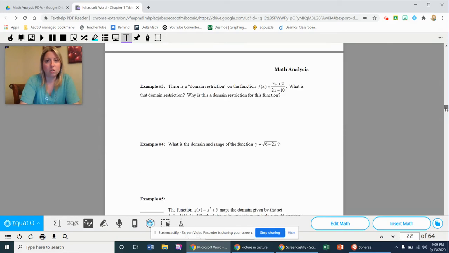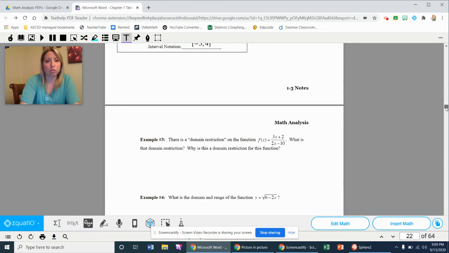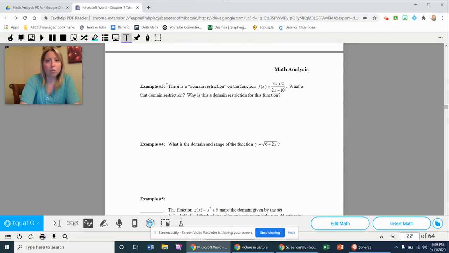We'll just do a couple of these where there's domain restriction pieces, right? So there's a domain restriction on this function, and the reason I know that is because there's a variable in a denominator. All you have to do to figure out what that domain restriction is, take the denominator and set it equal to 0. So if you take 2x minus 10 and set it equal to 0, you have an equation to solve.